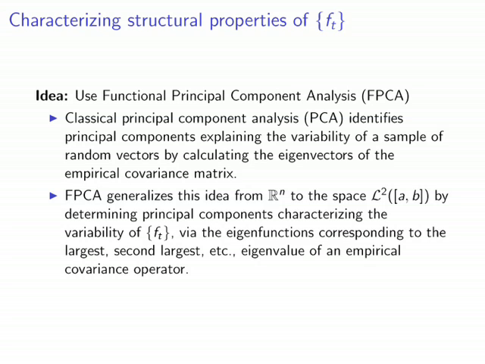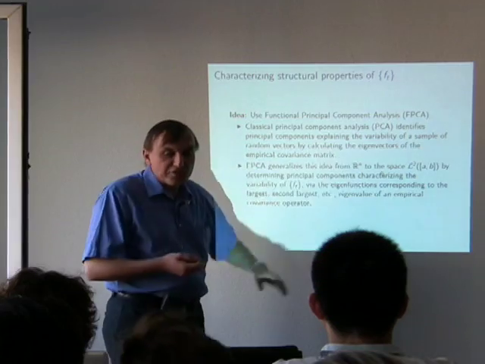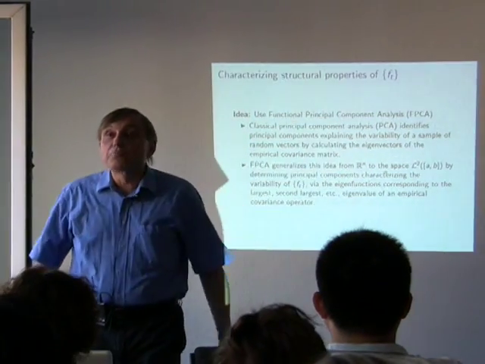And well, you all know classical principal component analysis, which identifies principal components explaining the variability of a sample of random vectors by calculating eigenvectors of the empirical covariance matrix. That's very well known. In functional principal component analysis, instead of vectors, you have functions which you analyze, and the covariance matrix becomes what is called a covariance operator.